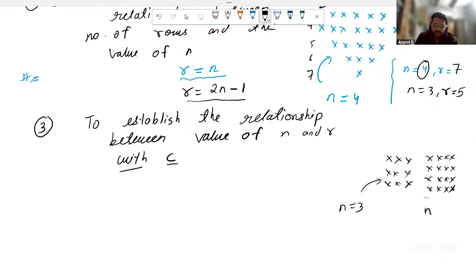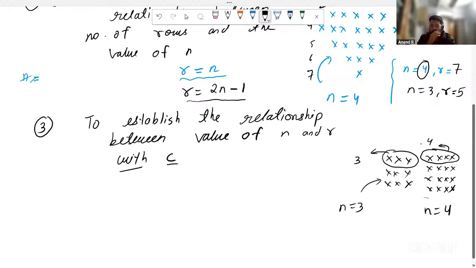Can you help me? How many columns are there in each pattern? In the first pattern, 3. In the second pattern, 4. So column has a relationship with what? Can I say that column has the relationship with the value of n, and that C is equal to n?